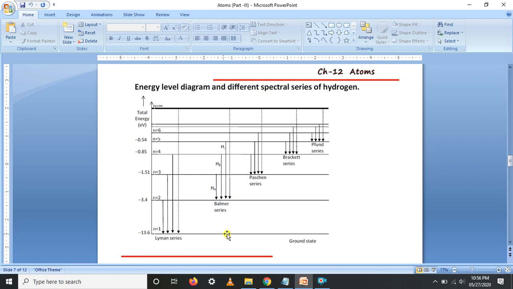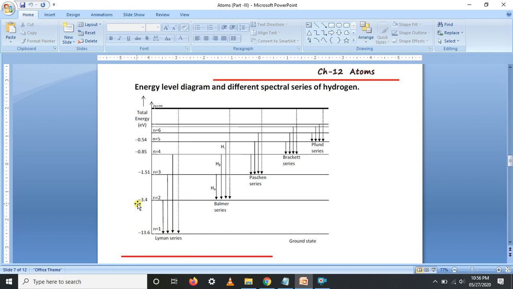Like this, here the x-axis is the ground state, and the y-axis you should take as the total energy in electron volts. For the first state, also known as the ground state, the total energy is minus 13.6 electron volt.